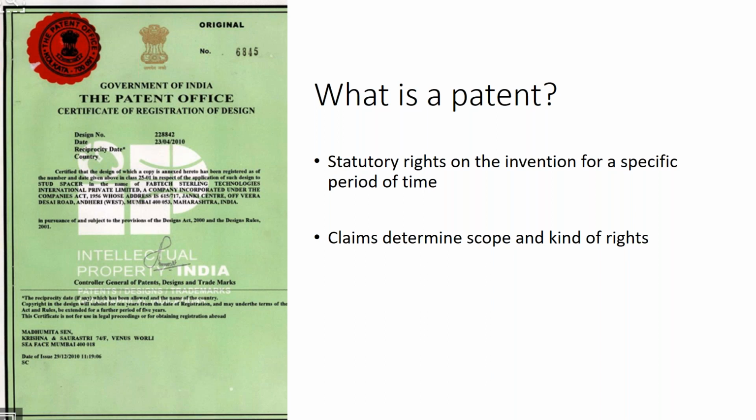Claims are one of the most critical parts of a patent specification, and claims determine the scope and kind of rights that are granted to you by the government. So if there is a process to manufacture a drug, aspirin, in the industry, I would describe maybe 10 steps in the specification, but out of 10 steps, there is a possibility that 8 steps are already known in the industry.